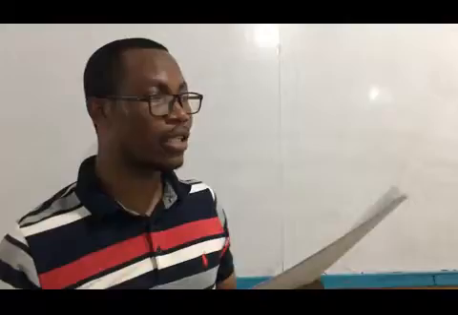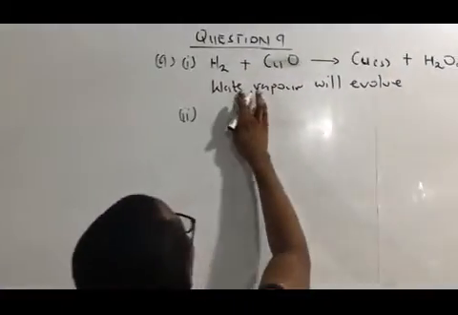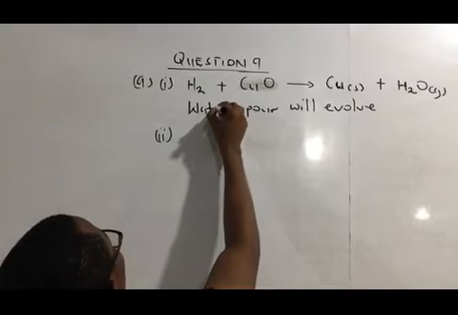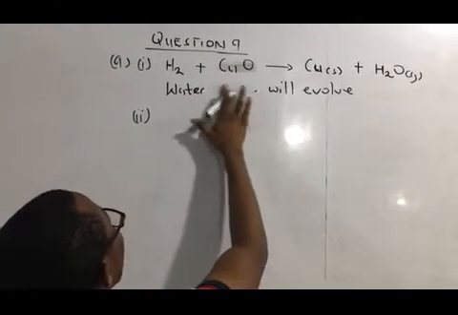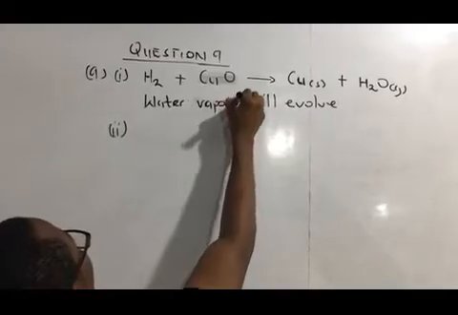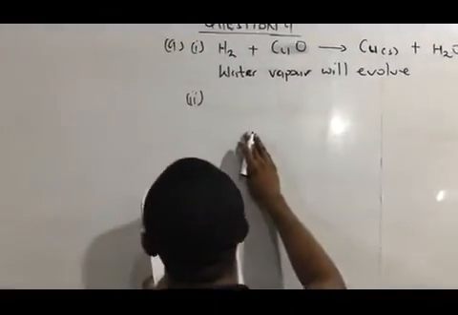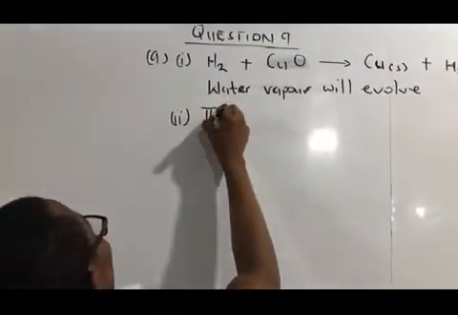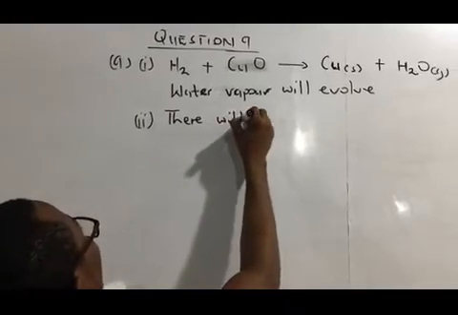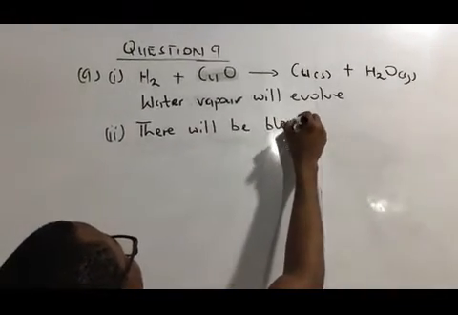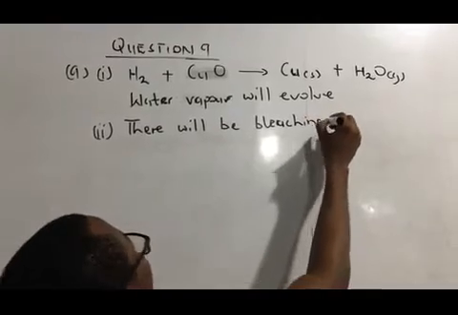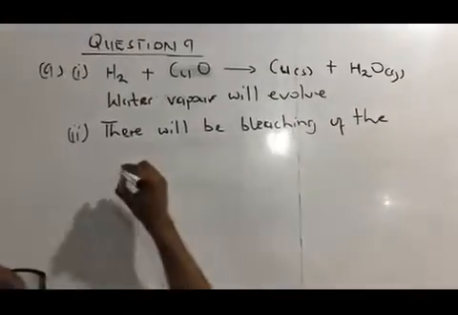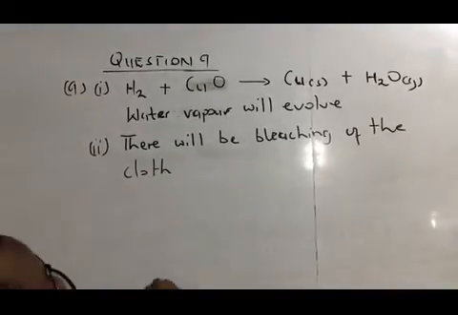When a piece of colored cloth is lowered into a test tube containing chlorine, the colored cloth will become bleached. So there will be bleaching of the cloth.